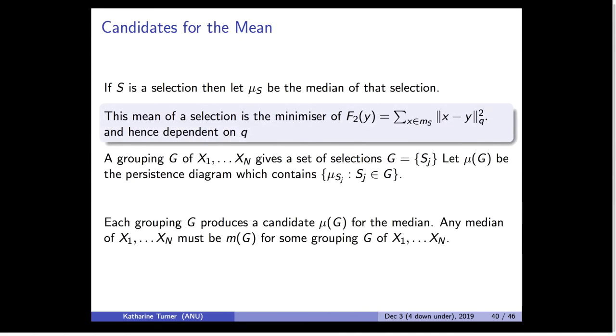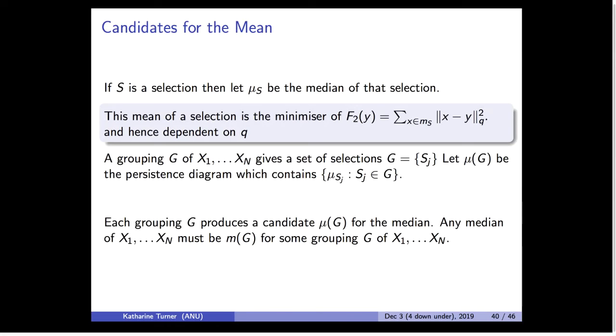So let's think about a candidate for the mean. You can see that I was doing these slides this morning and I copied and pasted from median to mean, and some of the things didn't change. I have a selection, and I have to think, what is the mean of this selection? It's going to minimize the sums of distances squared within that selection. So I have a multi-set within the plane union the diagonal, and I want the minimum of the distances squared.